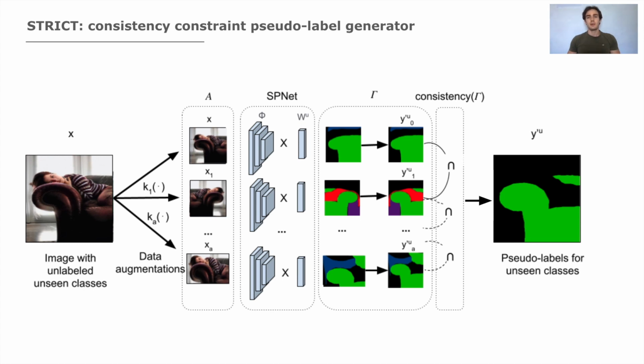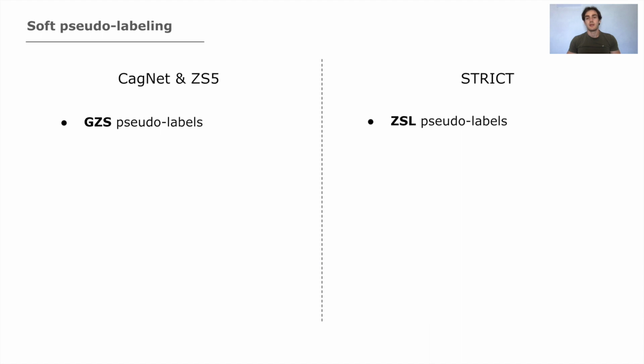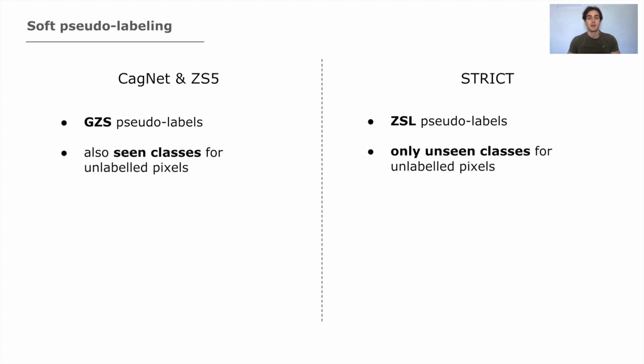Contrary to hard labeling, we call this kind of approach soft pseudo-labeling. As anticipated, CaGNet and CTSeg also introduce a similar approach, but they generate generalized zero-shot pseudo-labels, so they include the seen classes in the search space of an unlabeled pixel that for sure is background or a seen class.